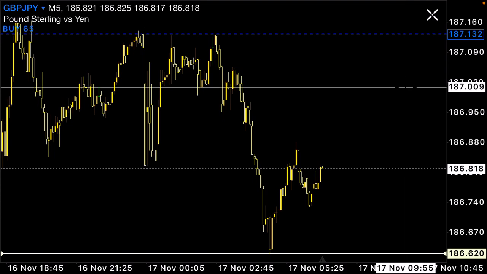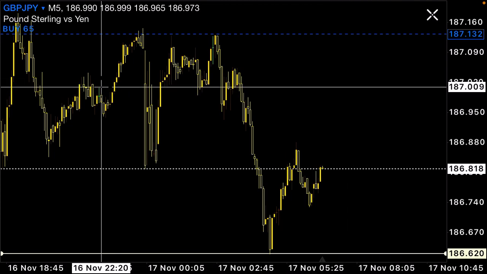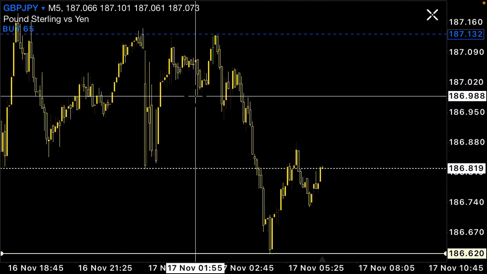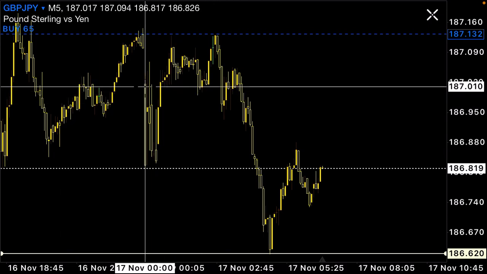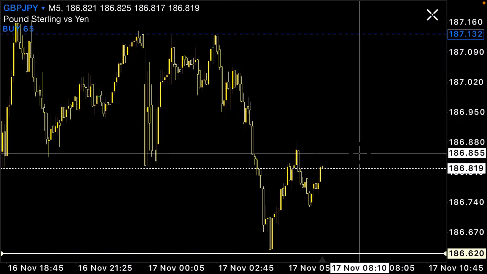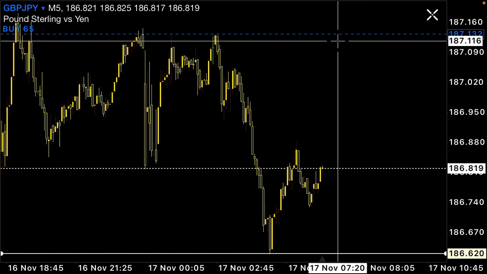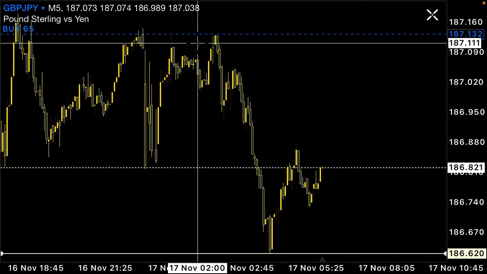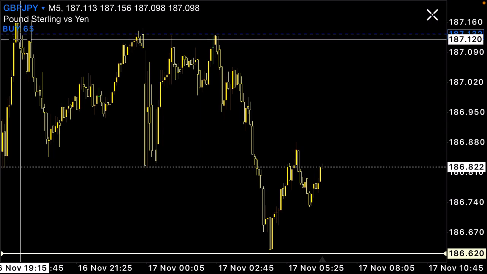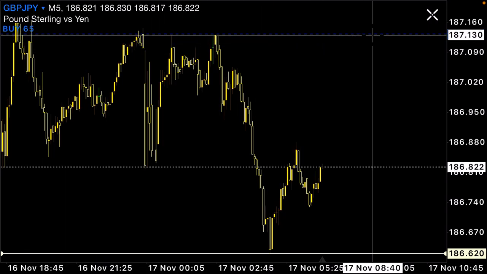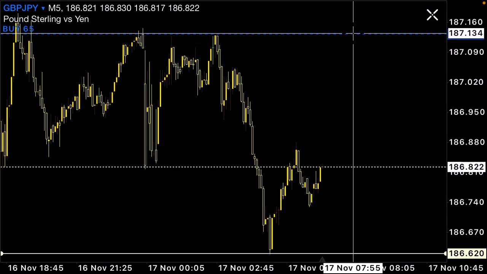Could be somewhere around there where there's a lot of congestion, the main body area right in here. Or it could want to come all the way up to this double top, and there's one over here too, like a triple top, and that would be a quadruple top.